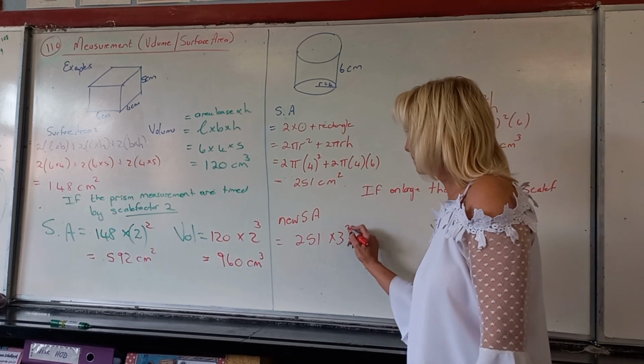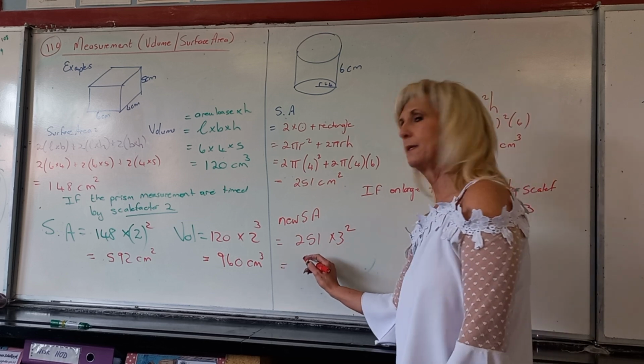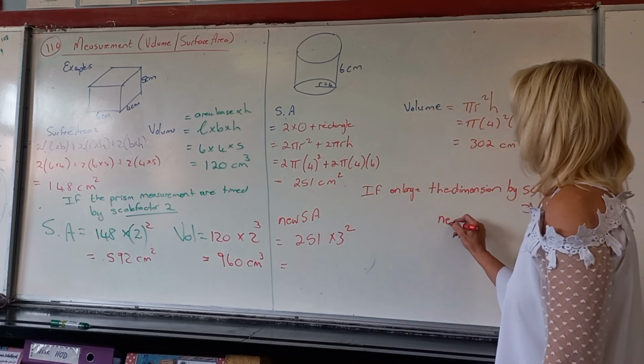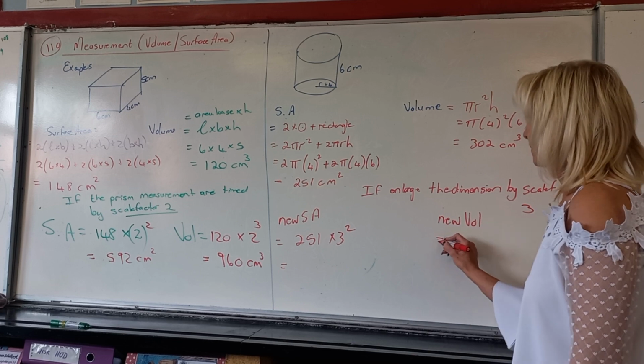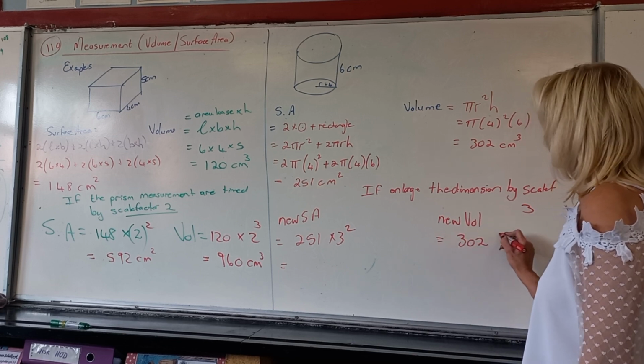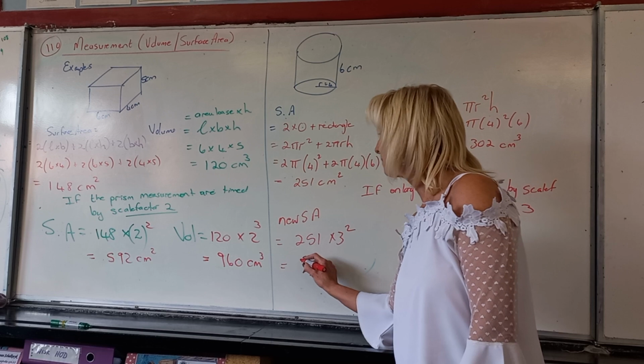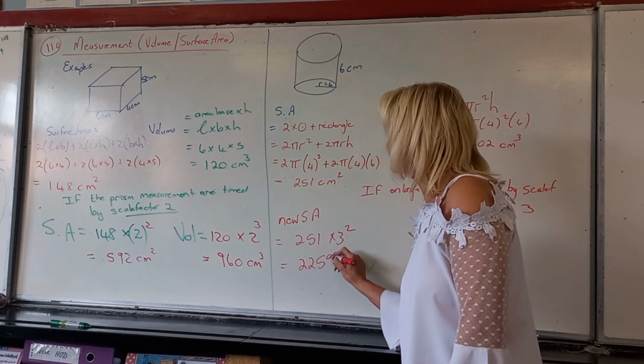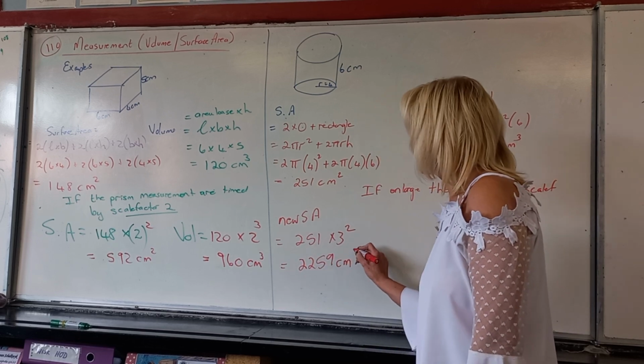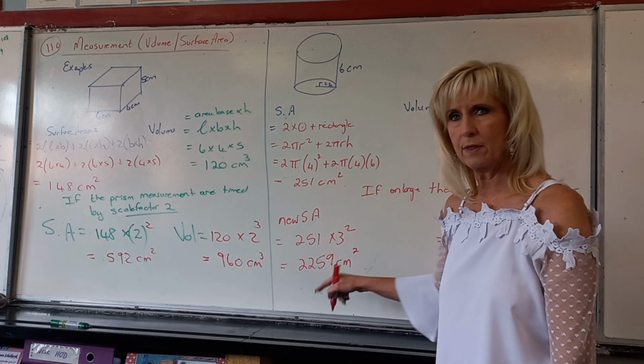Times 3 squared. And the answer is, please? 2259 still, centimeters, and still square because I'm busy with area.